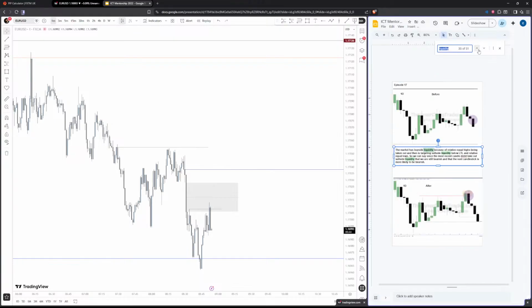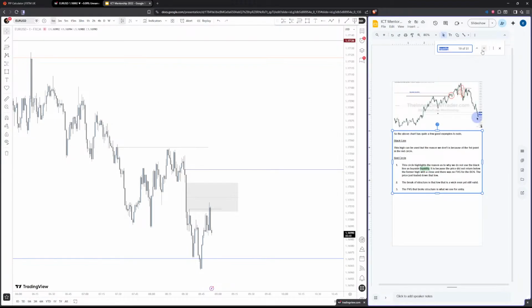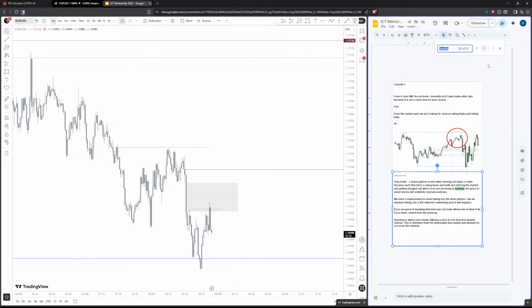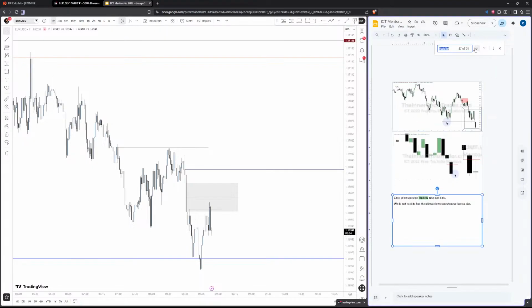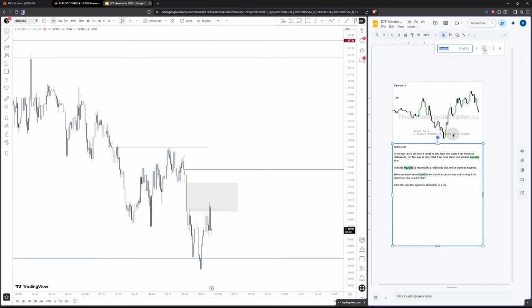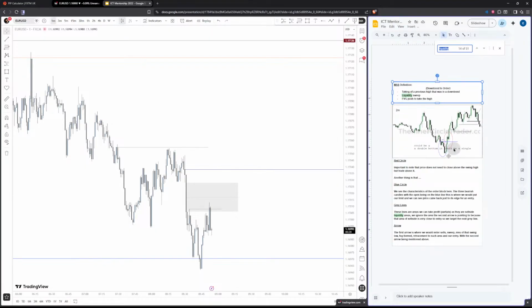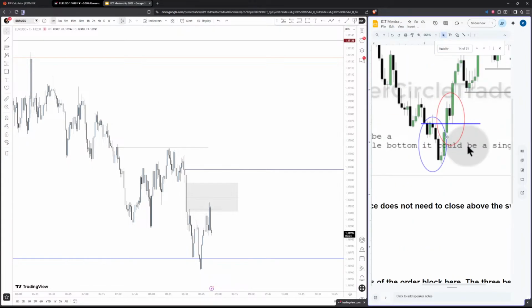So there was an example around 20. Here's the fair value gap itself.